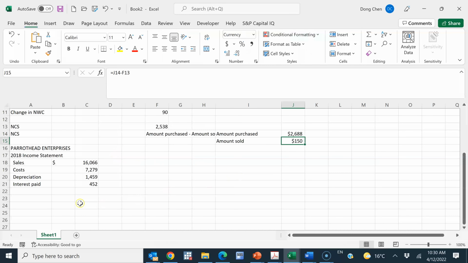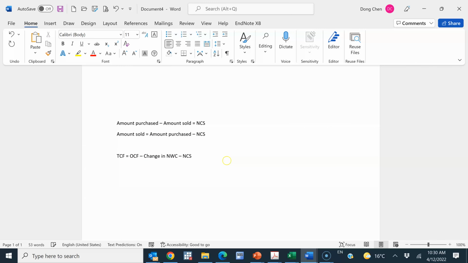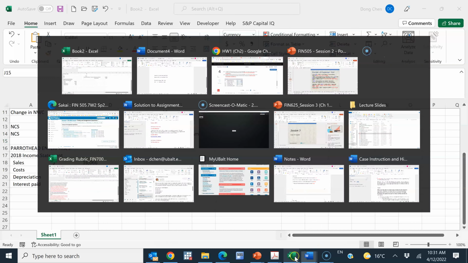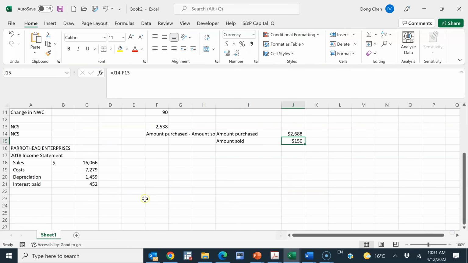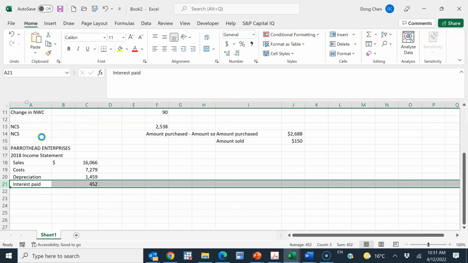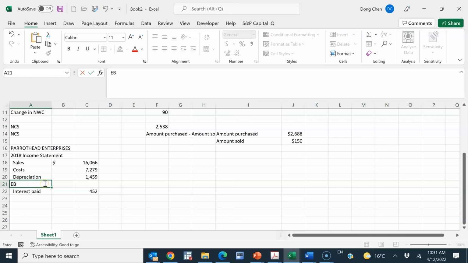For operating cash flow, we know the formula. OCF: start from EBIT, then add back the depreciation, and then deduct the taxes. Here, depreciation again is the depreciation expense. So now we need to use the income statement and add one line here, which is EBIT.